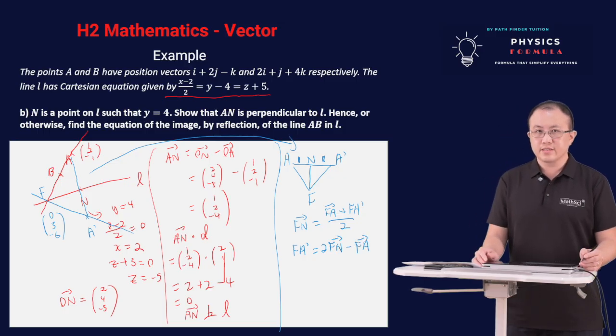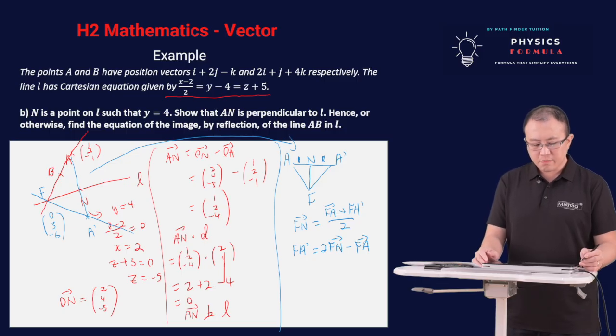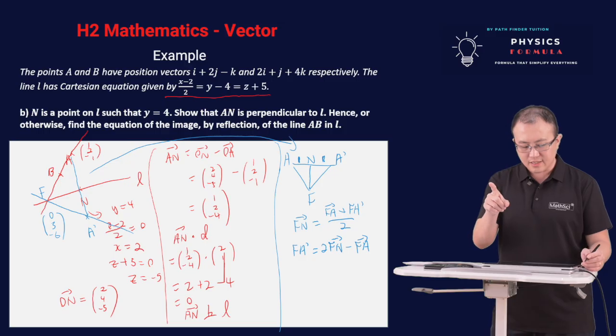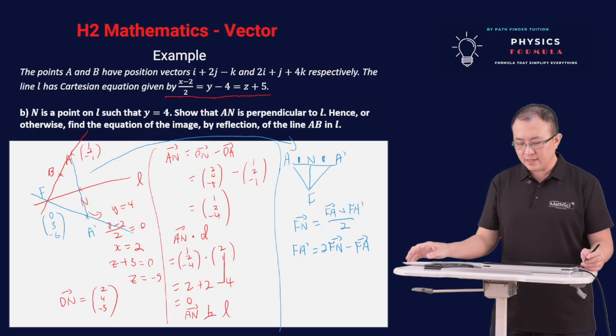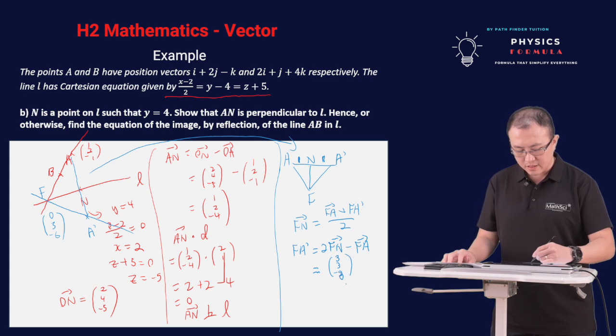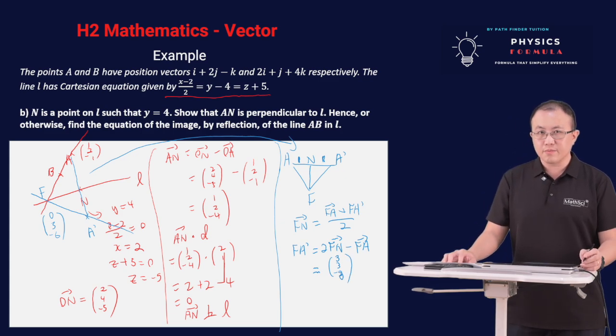Then you will get this. Of course, prior to this step, you need to find your FA first, and you should have already gotten the FN. If we have done it correctly, now we move to the last part. You will get (3, 3, -3). This is your FA prime.